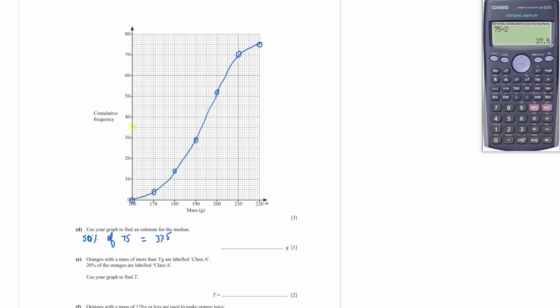So this is 35, 36, 37. So 37.5 will be here in the middle of this small block. So I'll draw a line here and see where this intersects our cumulative frequency curve, which will be the median value. So it looks like it's this value here.